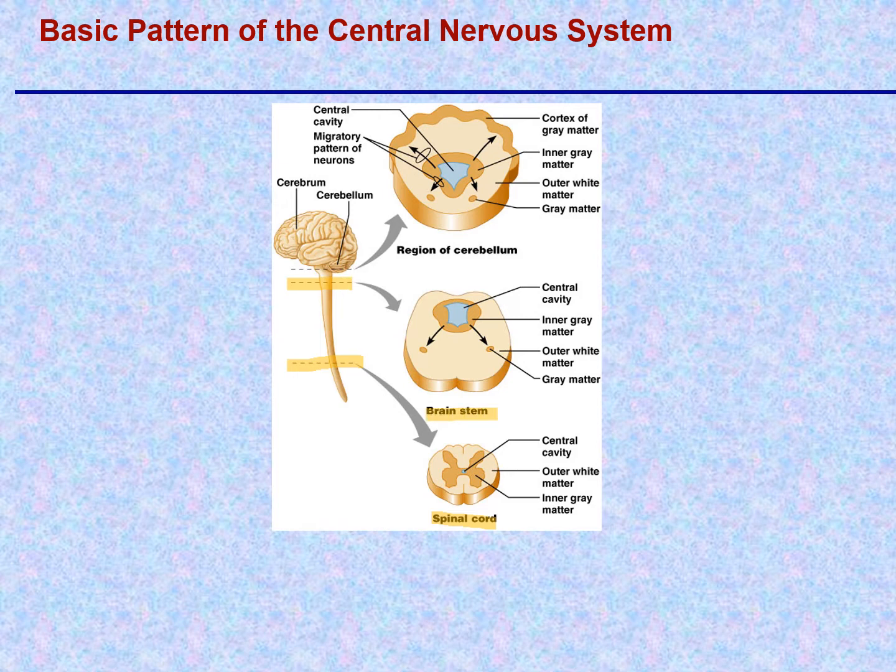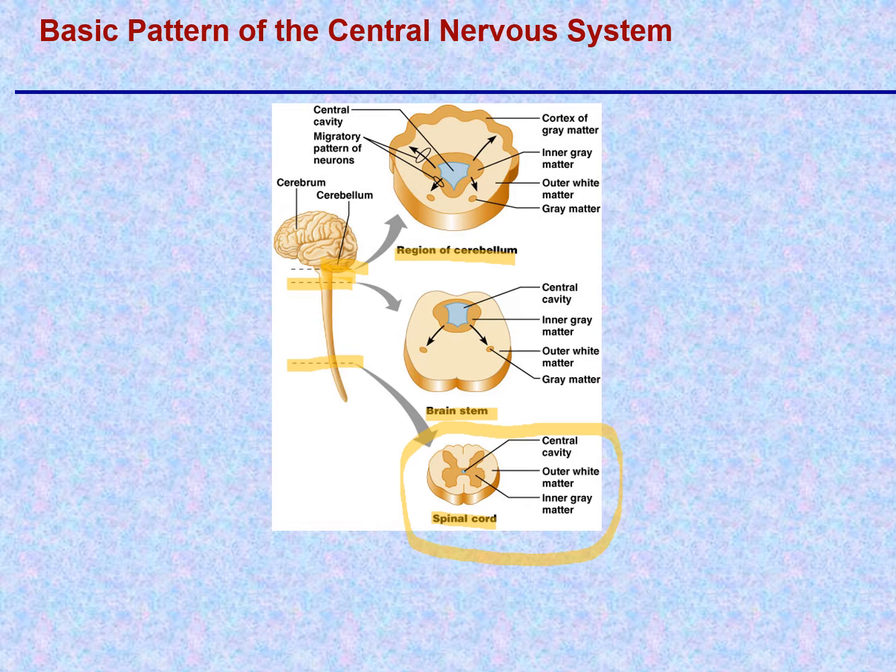And then if you're in the cerebellum here, you would see this kind of pattern. One common thing is that they all have a central cavity, and it's filled with cerebrospinal fluid, CSF. And this pattern here, I would want you to understand and learn, and we'll talk more about it when we cover the spinal cord.